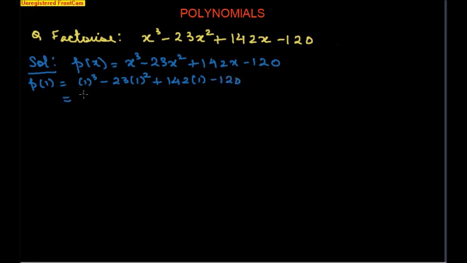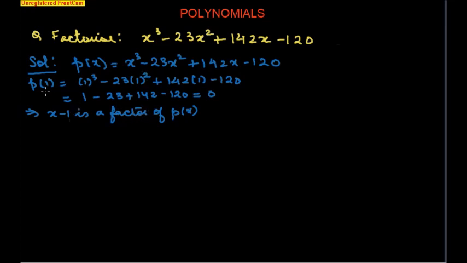When you solve this, you get 1 minus 23 plus 142 minus 120 is equal to 0. Now which shows that x minus 1 is a factor of p(x). Please see, because 1 was the 0 of this polynomial, so x minus 1 becomes the factor. If it would have been minus 1, then x plus 1 becomes the factor.